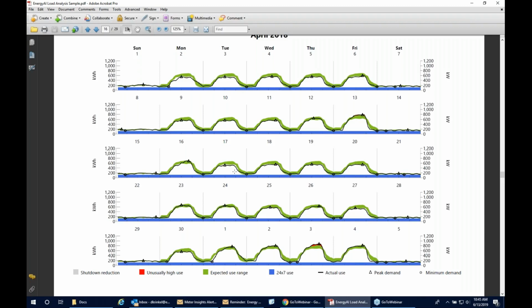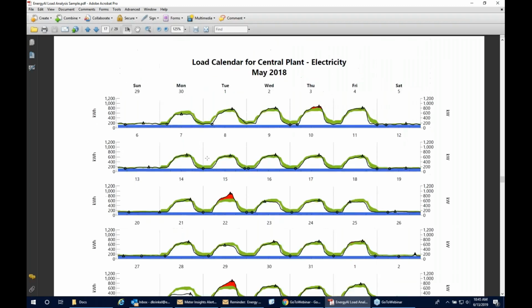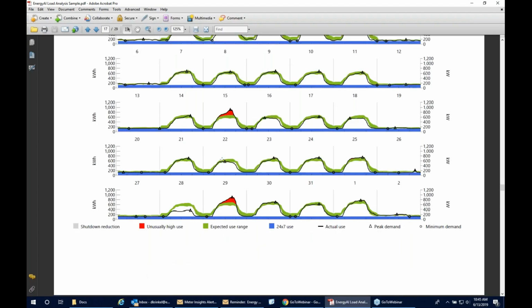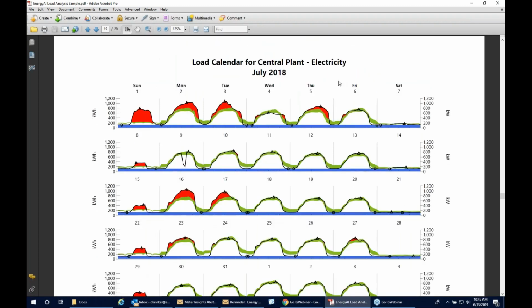So this gives us a quick thumbnail view. The green, again, is the expected use range every day. But they can see things like, why is only Christmas Eve a holiday? Why isn't Memorial Day? Well, here's Memorial Day. Sure enough, the usage was lower, but there's still a good bump right through the day. Or what about the 4th of July? Still a good bump there.